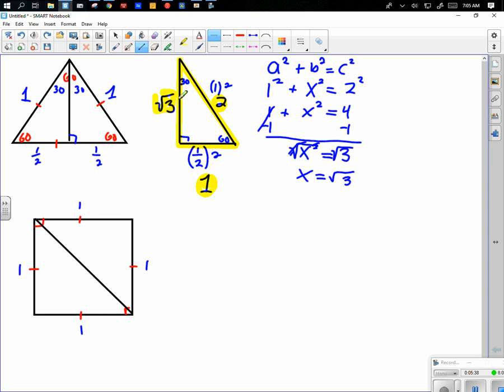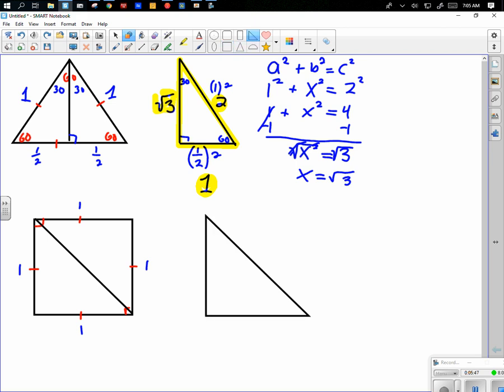Now, if I take one of the triangles and put it over here, we know that this side is 1, this side is 1, this is 90. Now this is not 90 anymore, this will be 45, and this side will be 45. Okay, now I know the legs. What is the hypotenuse?